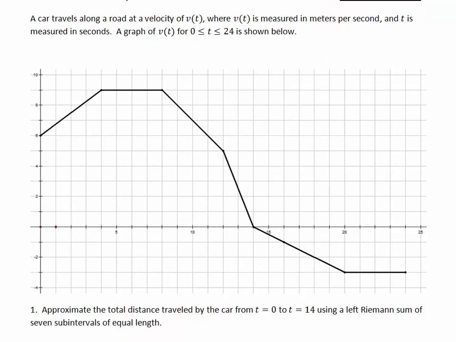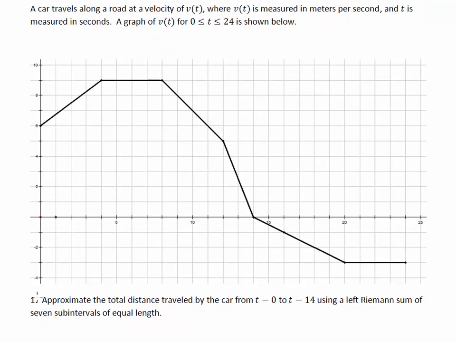Let me come down here just a little bit so we can actually see problem number one. A car travels along a road at a velocity of v of t, where v of t is measured in meters per second and t is measured in seconds. A graph of v of t for time between 0 and 24 is shown below.